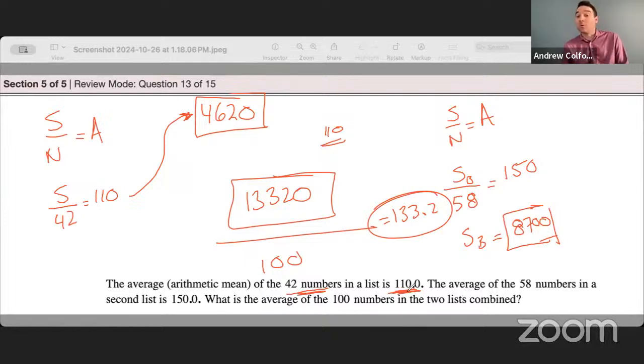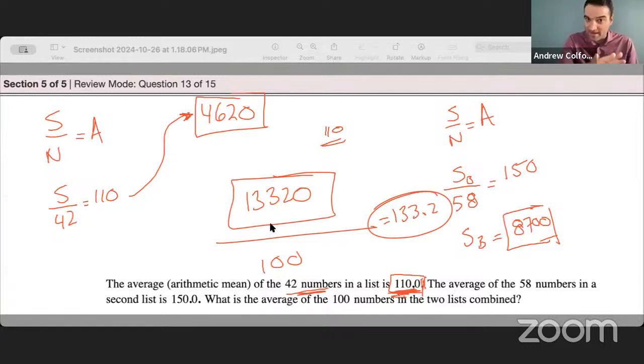Well, it's equal to the first one. Laru wrote in the chat, should be between the two, and that's the issue. If you think of it like a game of tug of war, if there's even one number pulling the average up from set B, then the average has to be greater than 110.